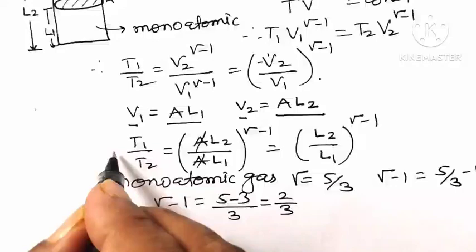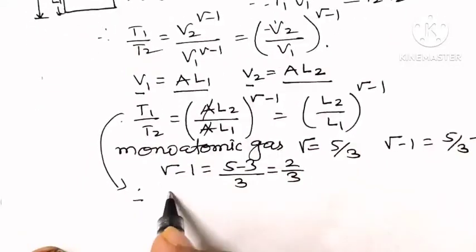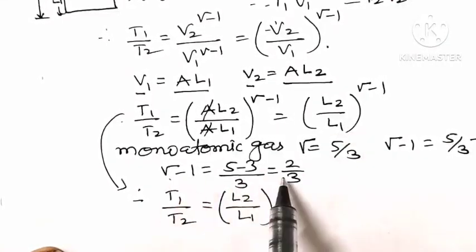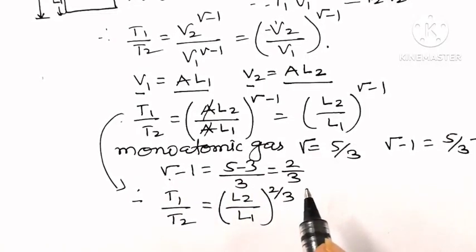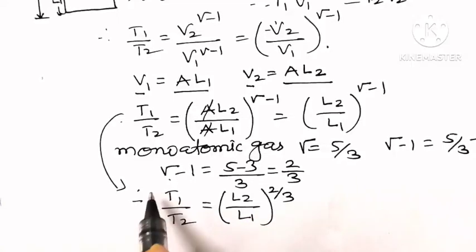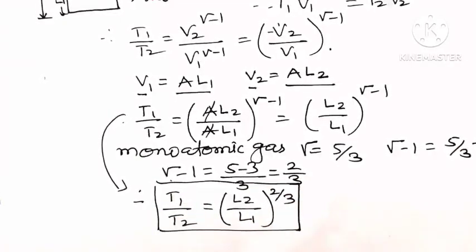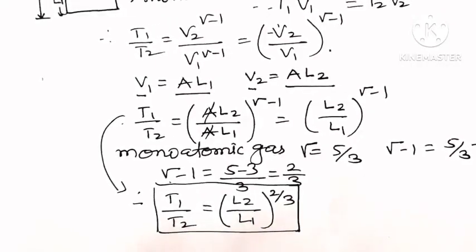Therefore, T1 by T2 is equal to L2 by L1 raised to 2 by 3.